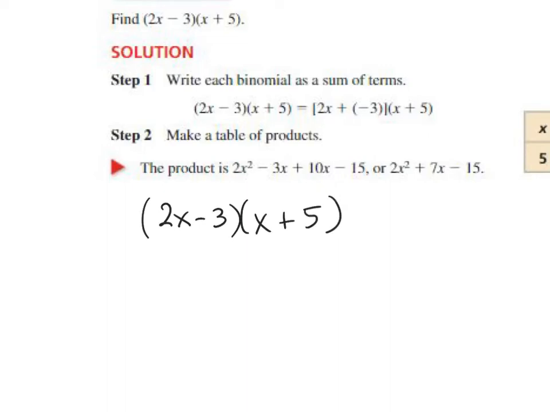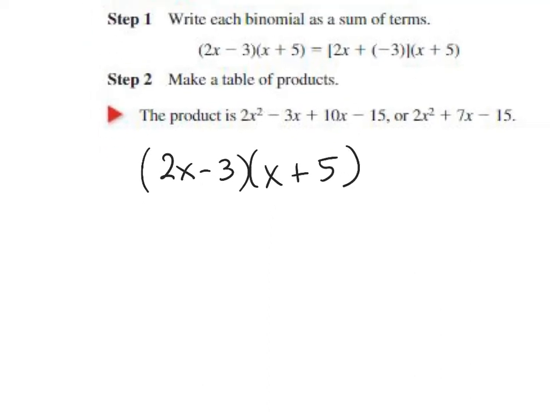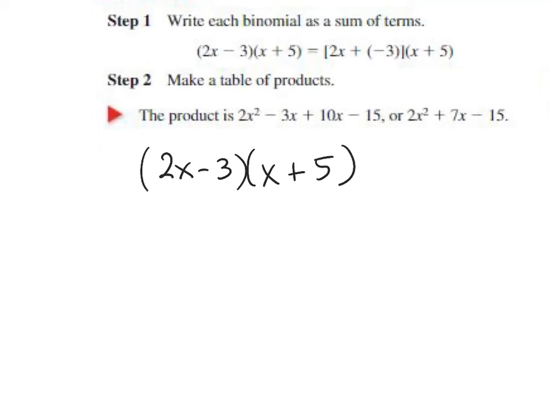The first way you could do this is you can use the double distributive property. Now we already know what the product we're shooting for is, so that's a good thing to have. So really you are multiplying. Let's rewrite this and say 2x and then say minus 3. And then let's keep our x plus 5 in the black.